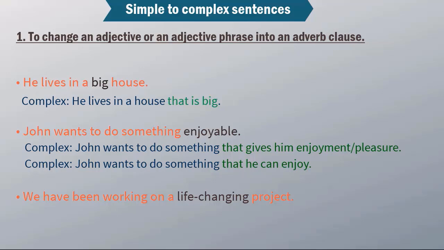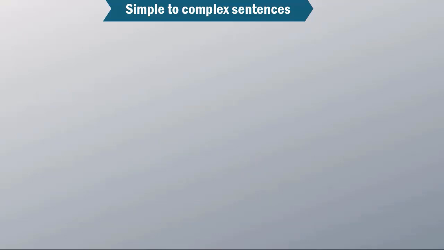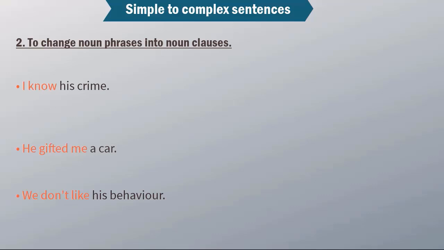Life-changing. We've been working on a project that is life-changing or that can change lives, right? So remove the adjective and put an adjective clause after the noun it modifies. That's exactly what we did, right? So that's rule number one. Rule number two is you can change a noun or a noun phrase into a noun clause.